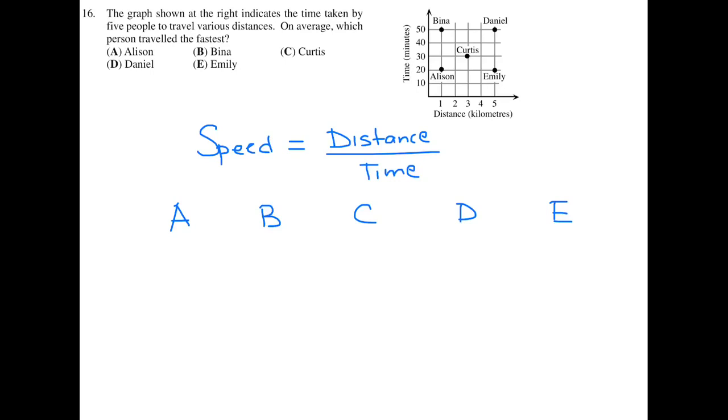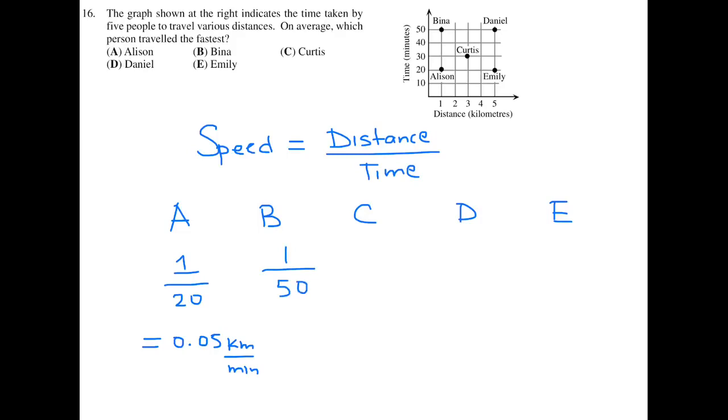So for Allison, her distance looks like 1, and her time looks like 20. So this is 0.05 kilometers per minute. All right. Moving ahead, we got Bina, whose distance is 1 and her time is 50.